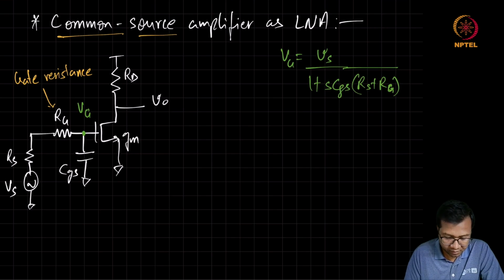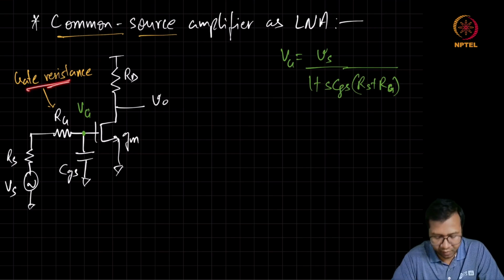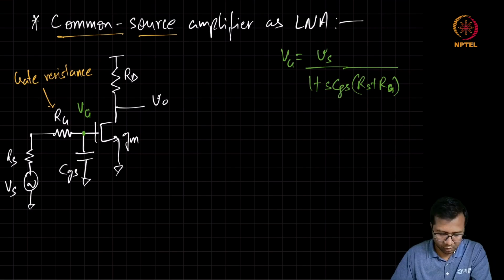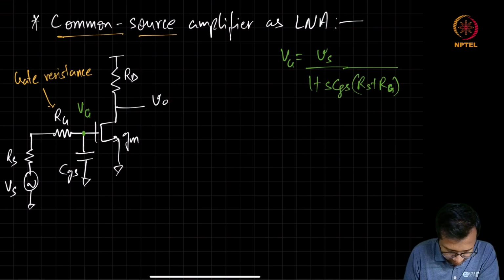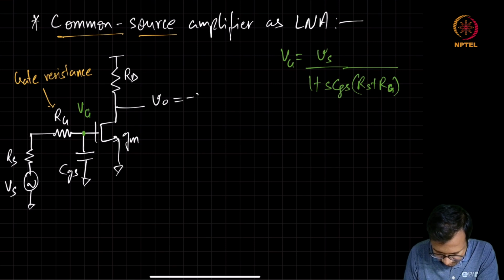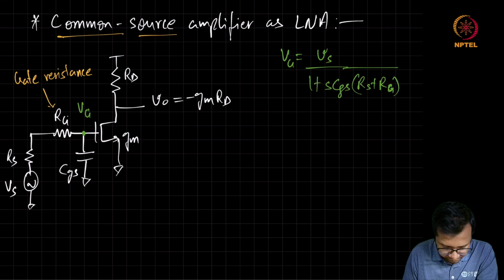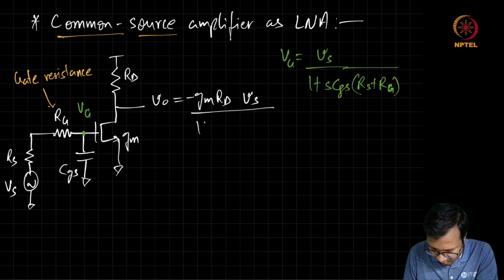And this gate resistance, we'll see, will be of the order of a few ohms. Now we can find the output, which is equal to minus GM RD multiplied by this Vg, and Vg in turn is equal to Vs divided by 1 plus s CGS (Rs plus Rg).